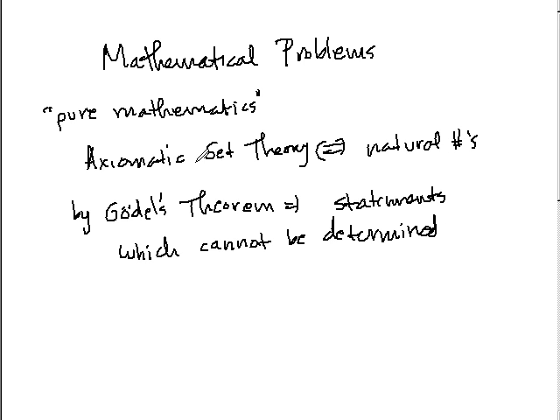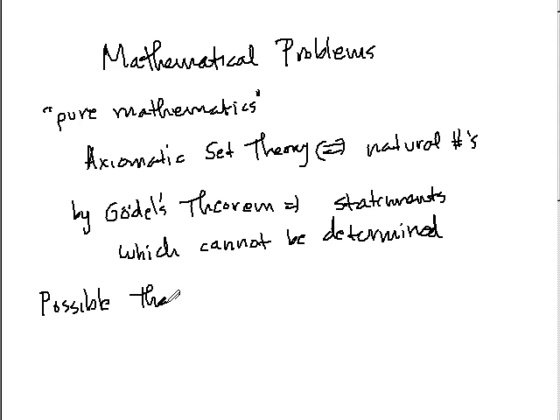Now, because number theory is tied in with the properties of natural numbers and hence set theory, it's very possible that you can make a statement in number theory which cannot be proven just based on properties of the natural numbers alone.